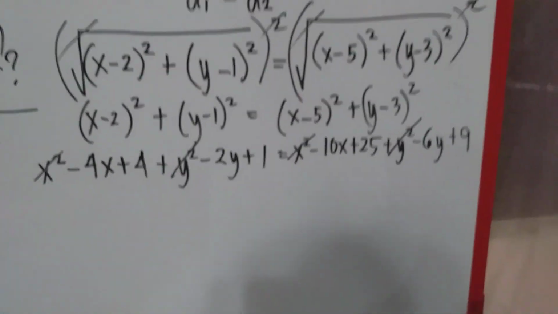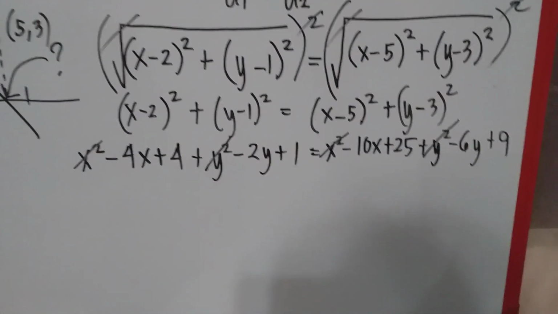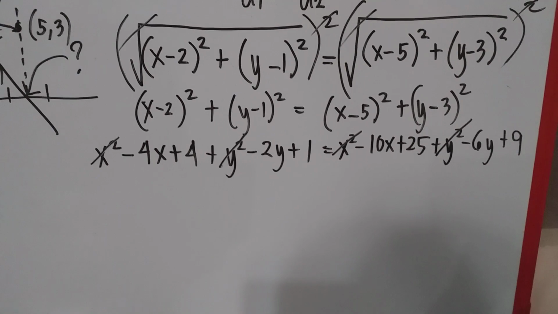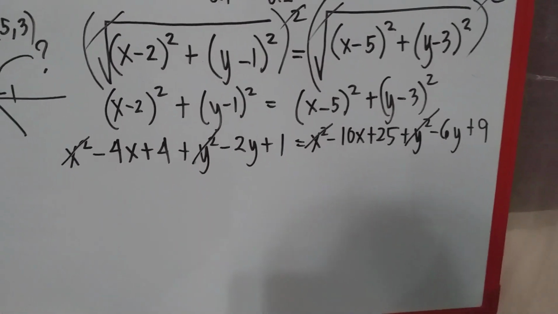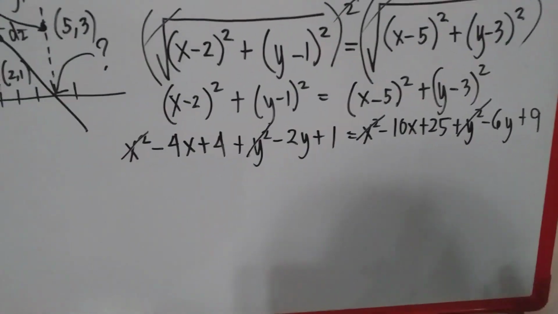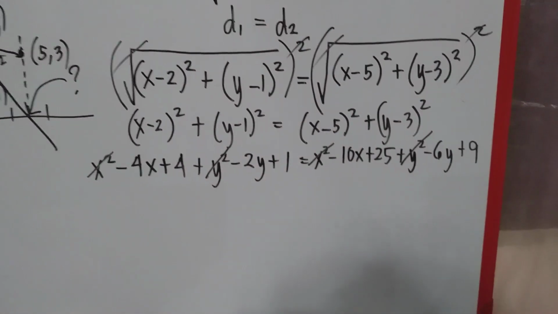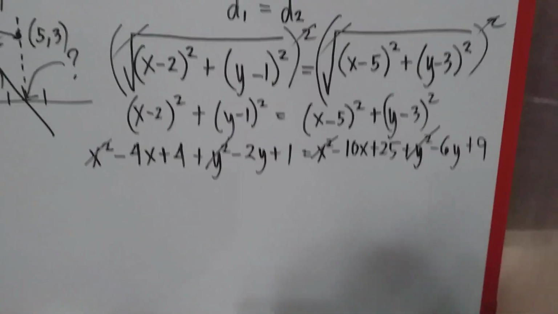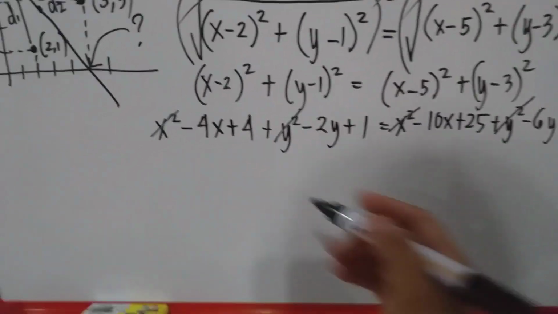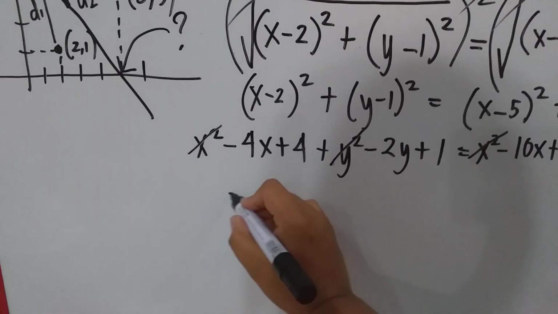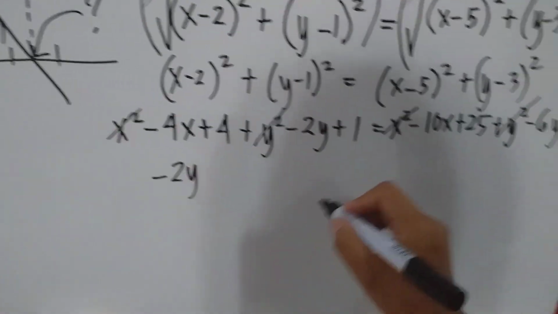What's left is negative 4x plus 4 minus 2y plus 1 is equal to negative 10x plus 25 minus 6y plus 9. We'll transpose all the terms with y to the left side of the equation and all the terms with x to the right side. So we have negative 2y.